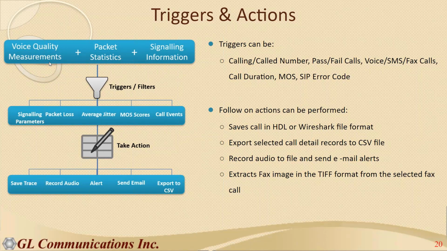You can export to a packet capture file, trace file. So you can really trigger on any sort of thing and then immediately take an action, which is essential because you can't rely on a human to manually monitor a high density line. This is a very powerful advantage of PacketScan. And we'll go now to the next slide.